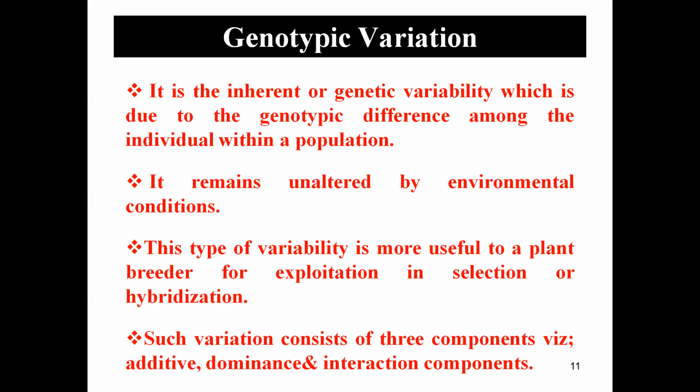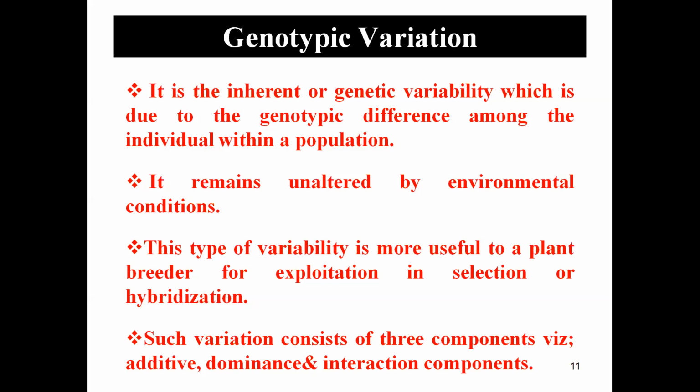The plant height of dominant homozygous may be somewhat different, plant height of recessive homozygous may be different, and plant height of heterozygote may be different. So this is the inherent variability, and it remains unaltered by the environmental condition. Although environment interacts with genotype, it remains unaltered by environmental conditions.